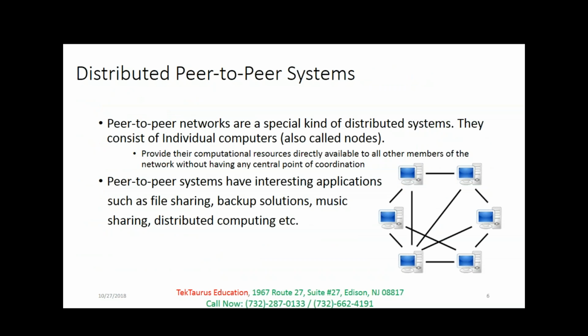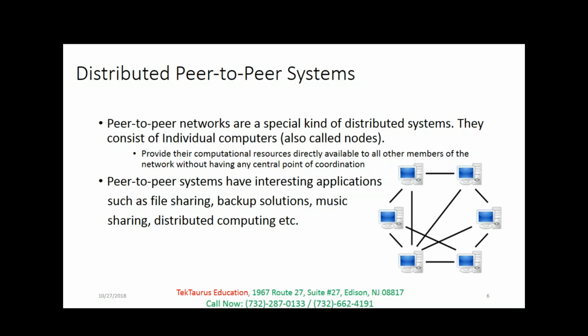Okay, next is the peer-to-peer distributed system. Every computer is connected to each other and they are sharing the data. I think you might have used BitTorrent, music sharing systems, Napster. These kinds of solutions do not have any central server.